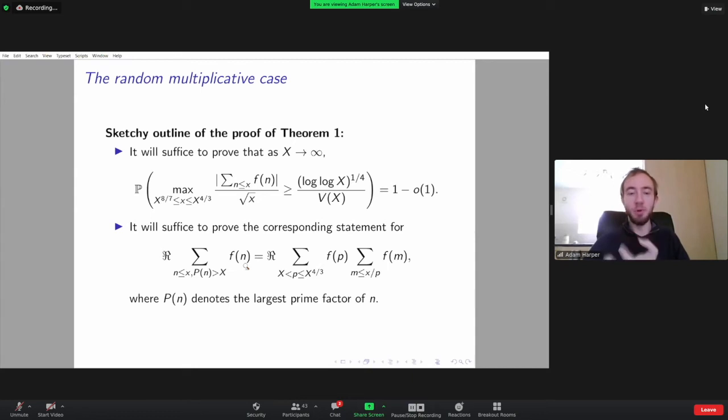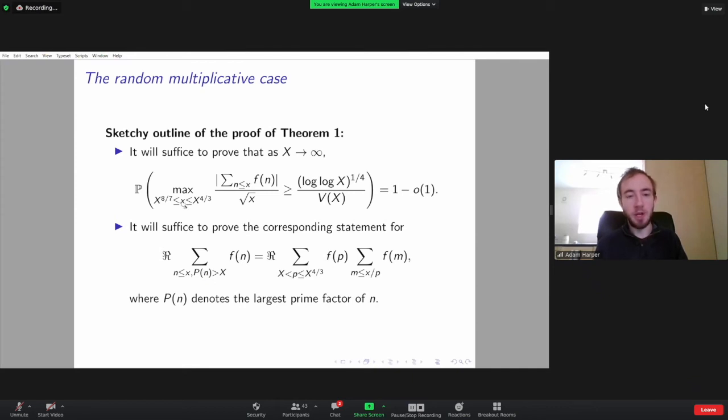So the probability of both of these things being large together and sort of cancelling out will be very small. So if we can show the existence of large fluctuations of this, it's very unlikely that at the same points where this gets large, the other bit of the sum will be large and pointing the other way and cancel out. And actually, it's pretty easy if you set up the argument properly to make that rigorous. So that's why it's okay to restrict to these numbers with a big prime factor.